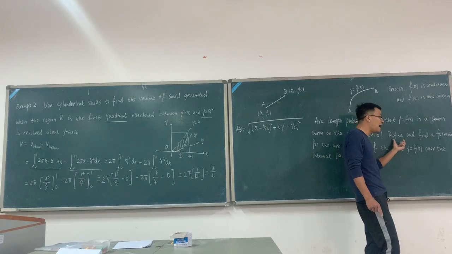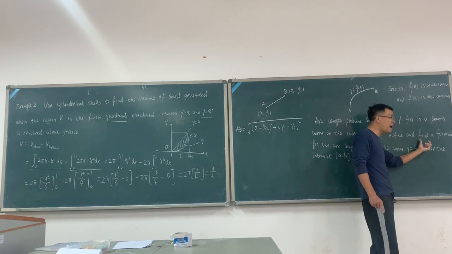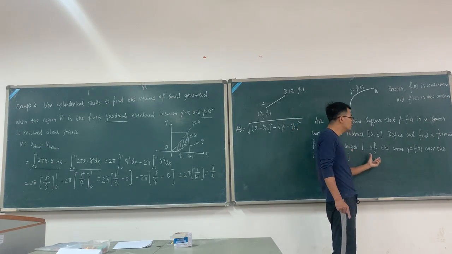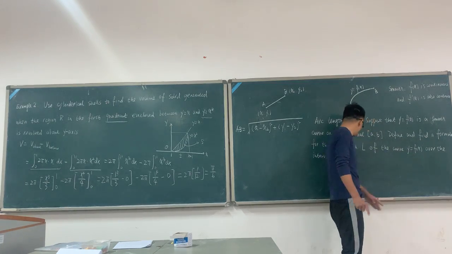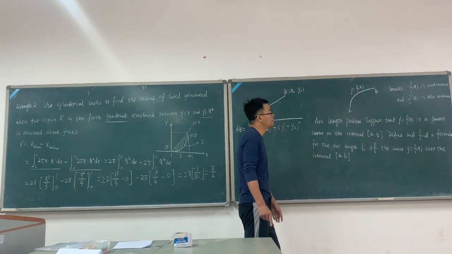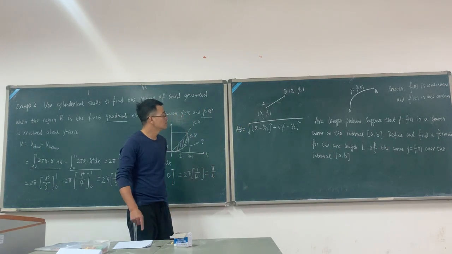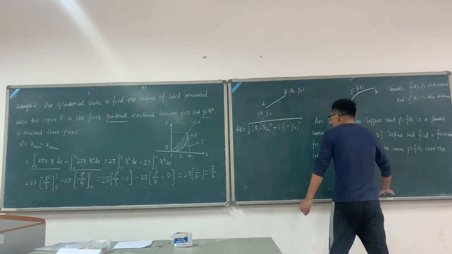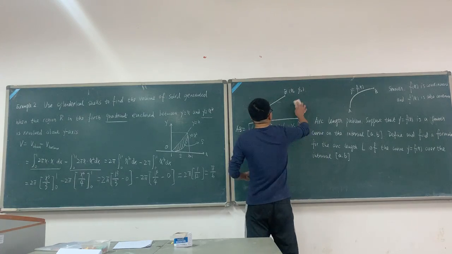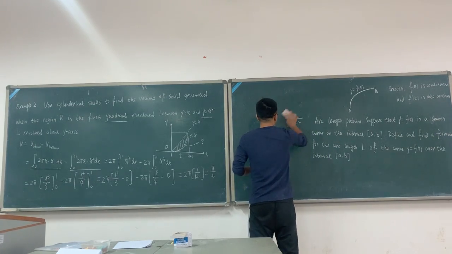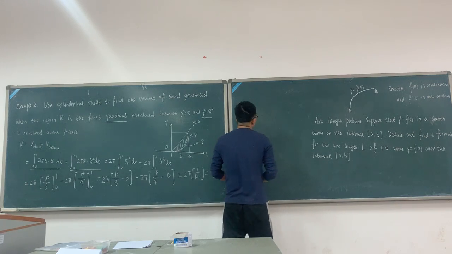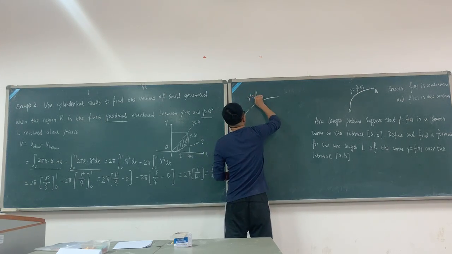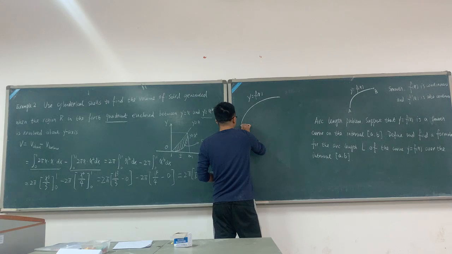Now we need to define and find a formula for the arc length L of the curve y equal to f(x) over the interval AB. So we have this question. For example, here is y equal to f(x).